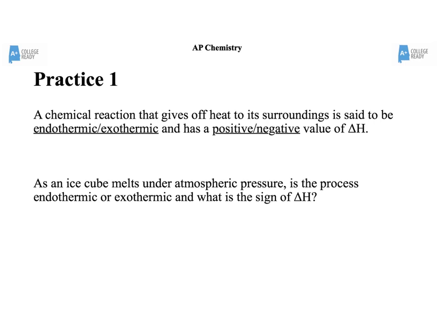If we are giving off heat, meaning heat is going from the system to the surroundings, then that reaction is exchanging heat out, and it is exothermic. And because the reaction is exothermic, it would have a negative value for the delta H. So reactions that give off heat are exothermic, and they have negative delta H values.